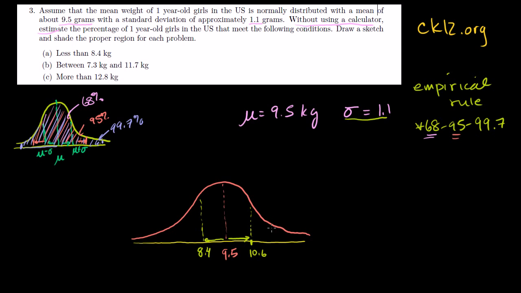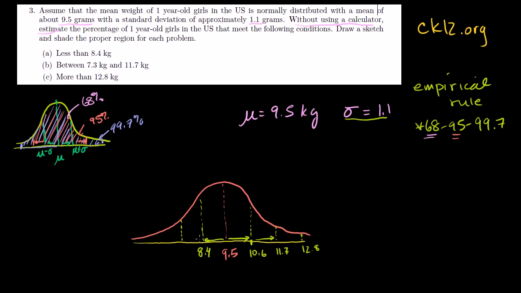If we go 2 standard deviations above the mean, we would add another standard deviation. We went 1 standard deviation, 2 standard deviations. That would get us to 11.7. And if we were to go 3 standard deviations, we'd add 1.1 again. That would get us to 12.8. Doing it on the other side, 1 standard deviation below the mean is 8.4.